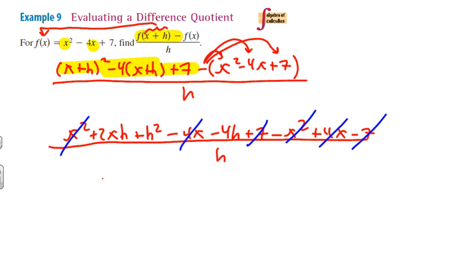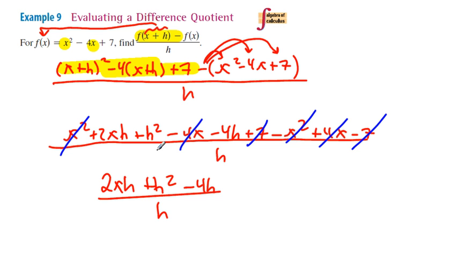I have a 2xh, I have a positive h squared, and I have a minus 4h, all over h. So if you get this far, you're almost there. We have one last step.